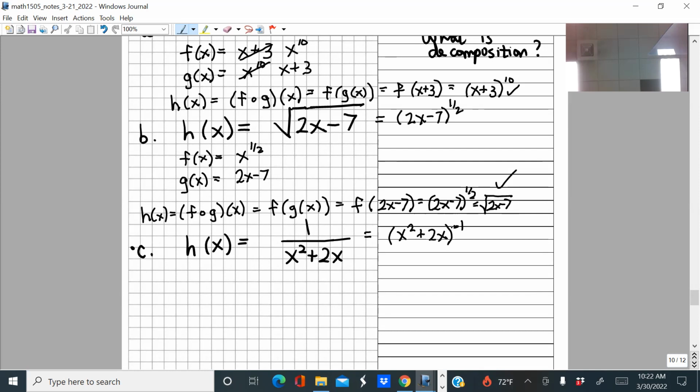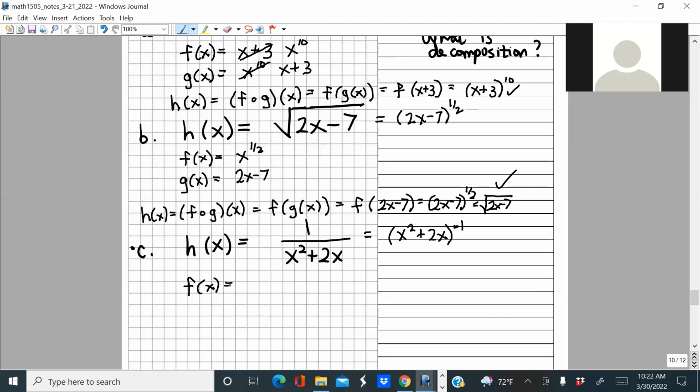So again, we're back to just like we had in A and B, right? You just have this expression raised to a power. And so we know how to decompose functions like this now, right? Where the formula is just some expression raised to a power. It's easy to decompose, right? What would my f of x be in this case?